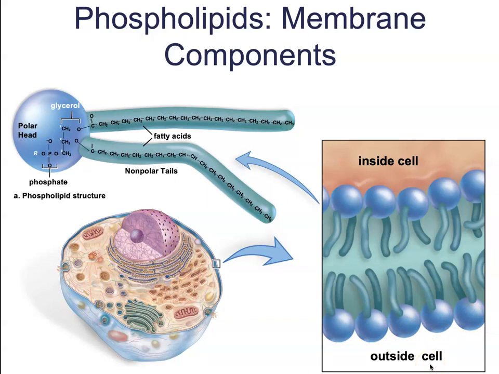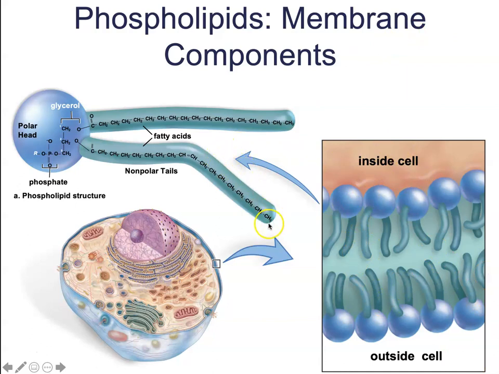Your cytoplasm is going to be mostly water. The interstitial fluid in between your cells is also going to be composed of mostly water. And so we're going to have this sort of phospholipid bilayer where we've got our polar heads on the outside of the cell and on the inside of the cell with our nonpolar tails found in between.